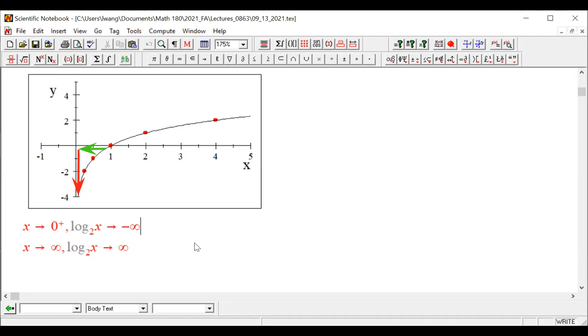All right? Is this an increasing function? Obviously, right? What's the x-intercept? What's the y-intercept? Shall we summarize?